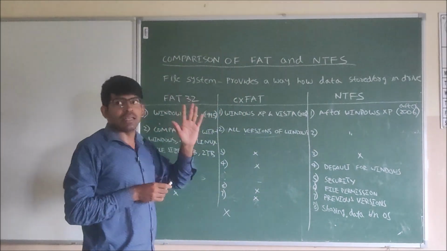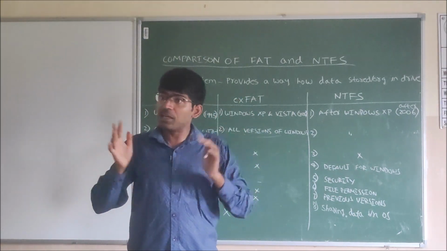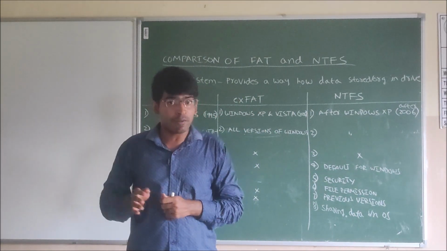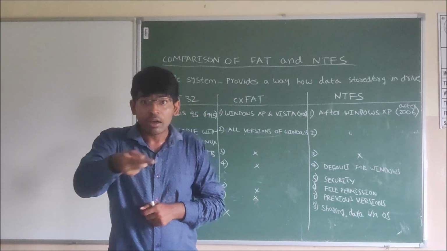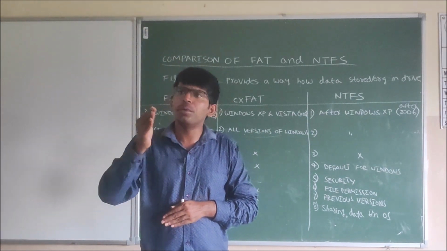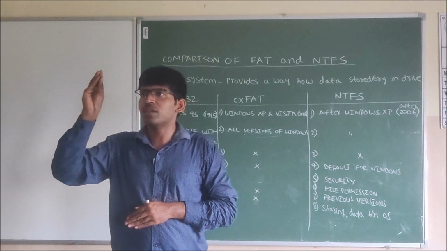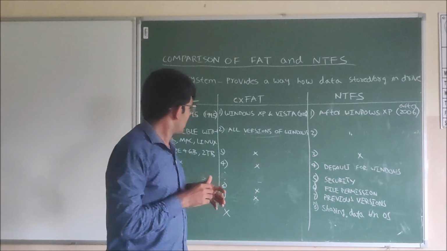And there is a 2 TB partition limit. If your hard disk is, for example, 10 TB, you cannot make a 5 TB partition if your hard disk is using the FAT32 file system. You can only make 2 TB, 2 TB, 2 TB, like that; 5 partitions can be made.